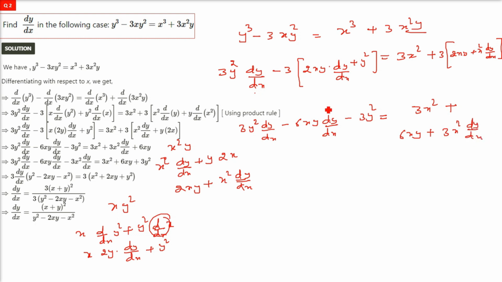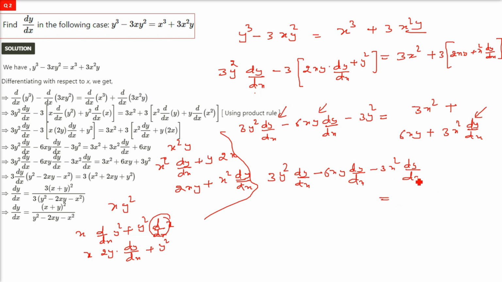So as I said, this term and this term, will take them on one side. So 2 are on the left hand side, 1 will bring it here. So 3y square dy by dx minus 6xy dy by dx, and now minus 3x square dy by dx. On the right, it will be 3x square plus 6xy was already there, and then plus 3y square. 3y square we have taken and put it on the right hand side.